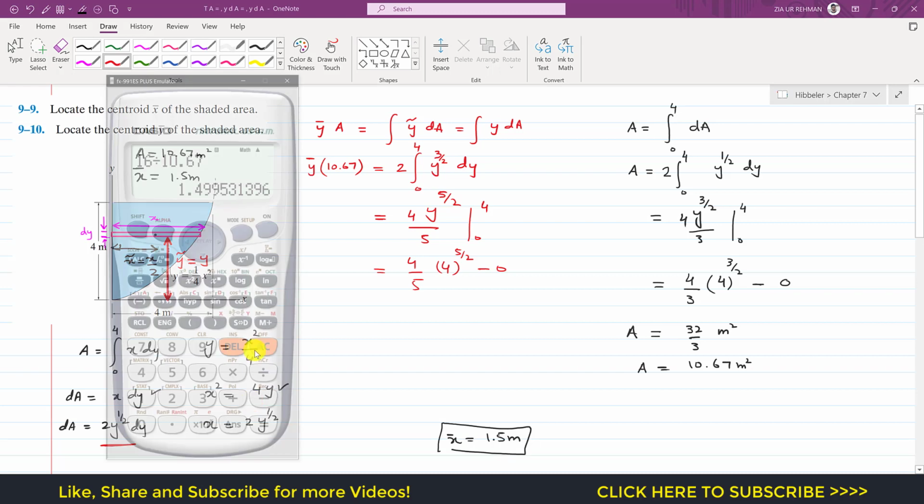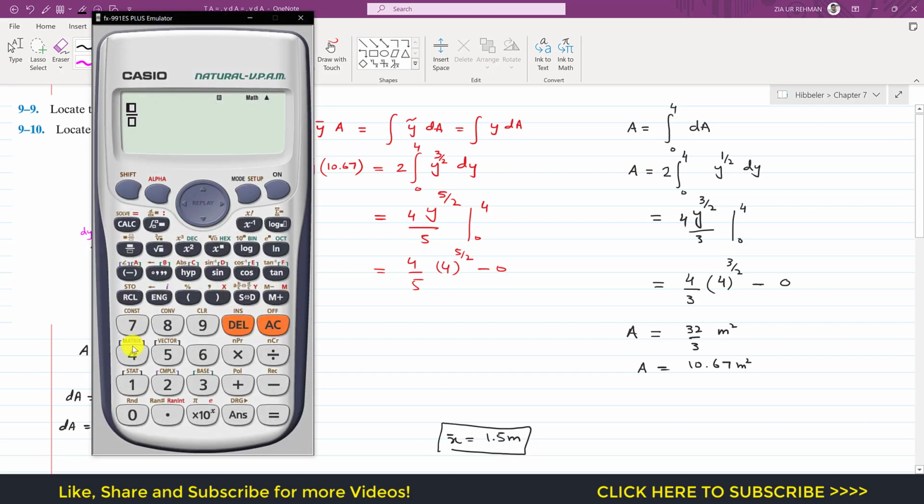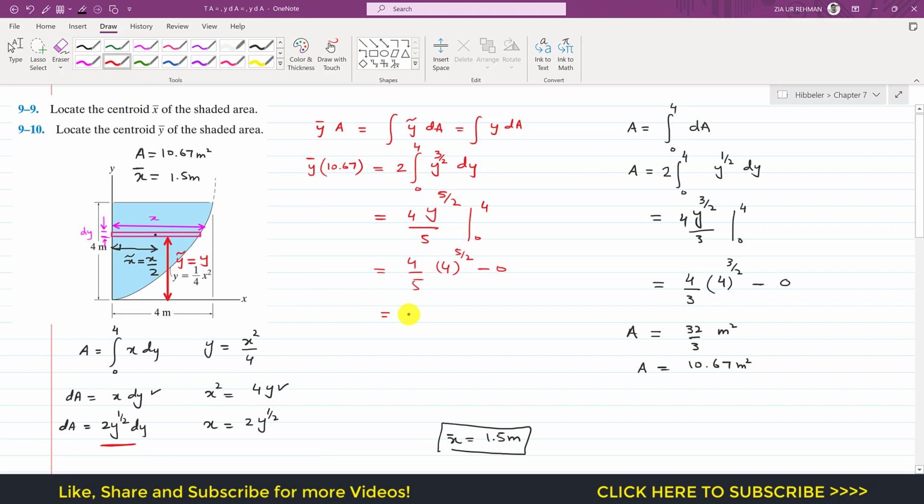So this gives us 4 divided by 5 into 4 to the power 5 divided by 2. This gives us 128 divided by 5, or we can say it is 25.6. So 25.6 equals y bar into 10.67.